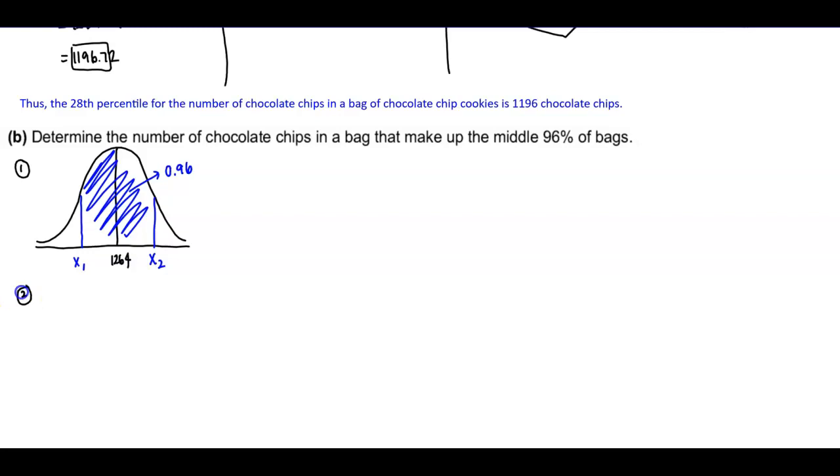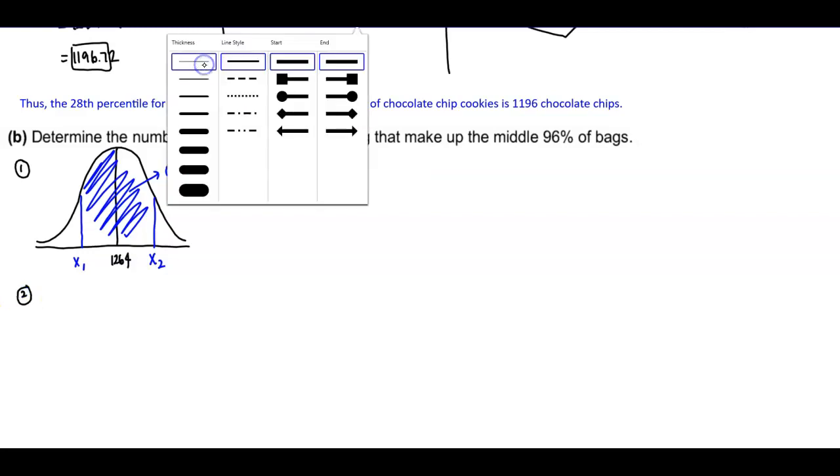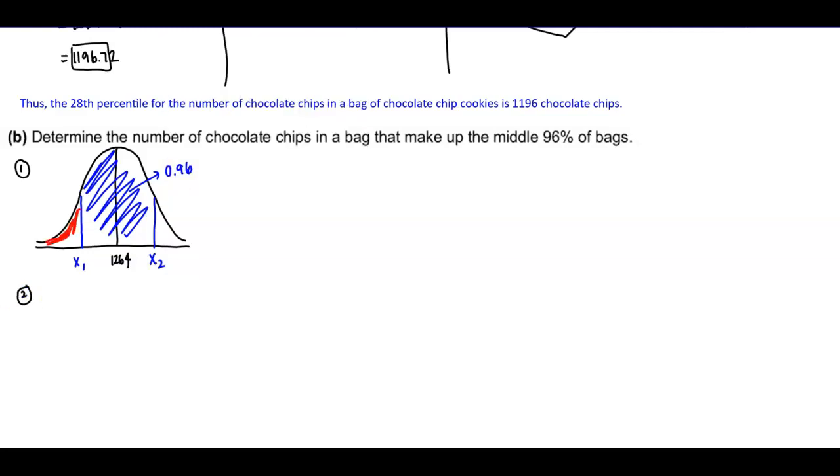So now what we want to do is find the areas in this tail and that tail. So we're going to take 1 and then subtract 0.96. That gives us 0.04. And then we're going to divide that by 2, which gives us 0.02.